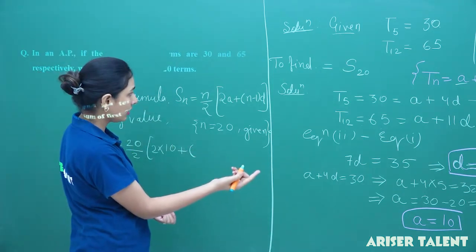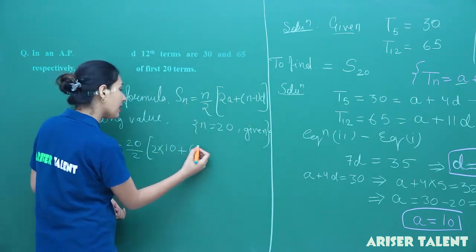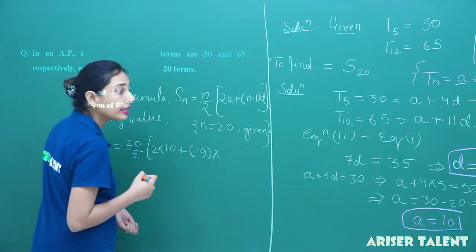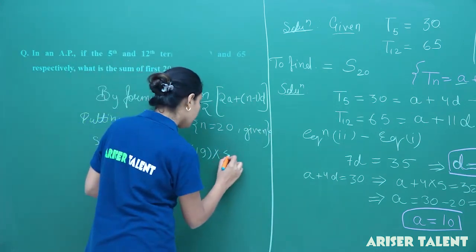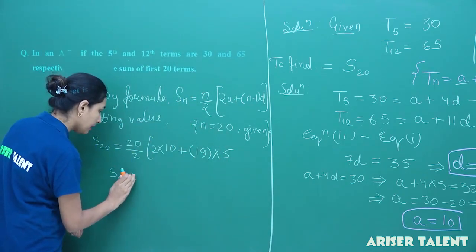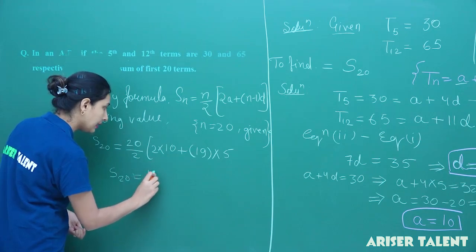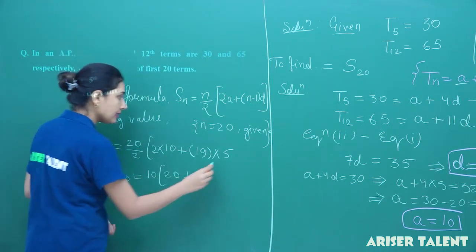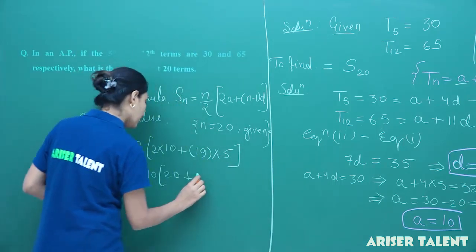Now, n is again 20. So, 20 minus 1 is 19. Multiply by the difference. Now, difference is 5. So, can you just find it? That will be 10 times, that will be 20 plus that will be 135.